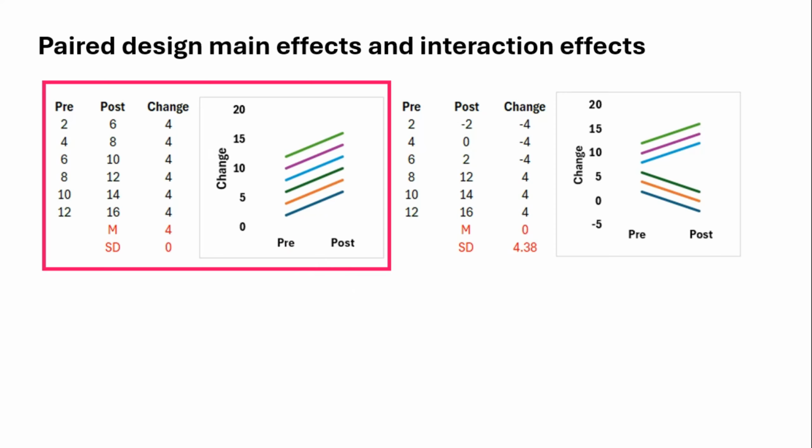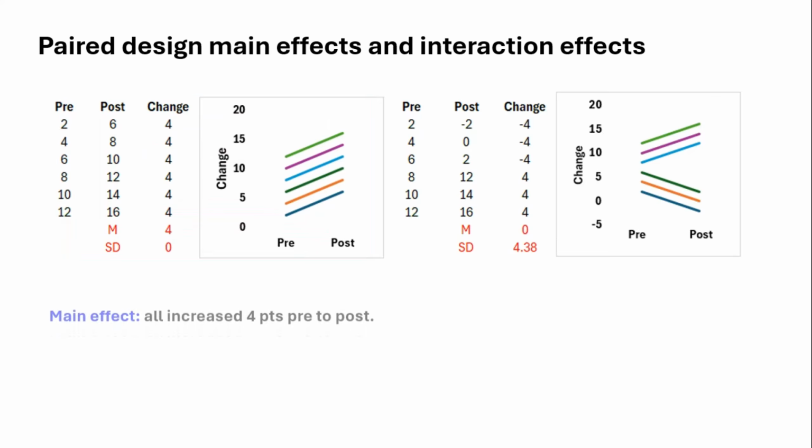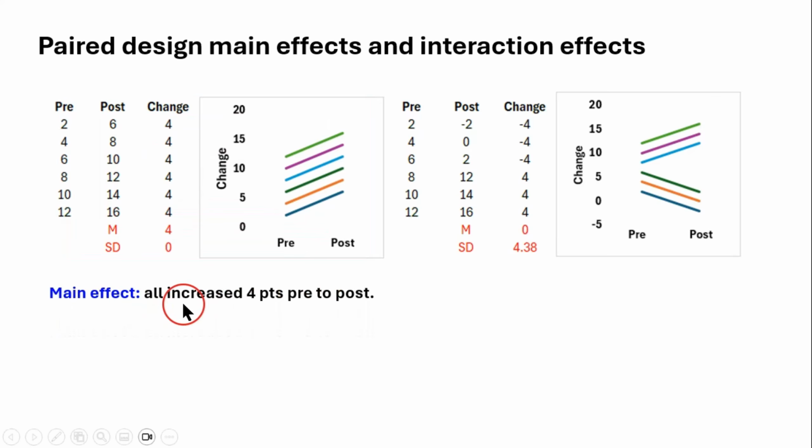They're starting out at different levels, but whatever it is that they're rating or whatever the treatment is in between, each person is going up by 4 points. So this is clearly what you would call a main effect. All the subjects increased 4 points pre to post.